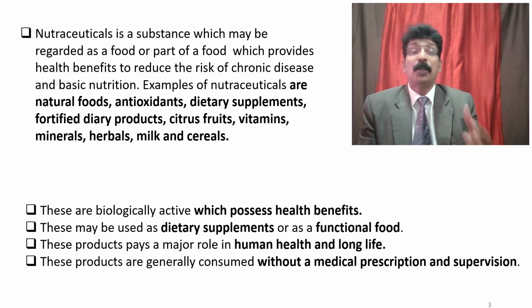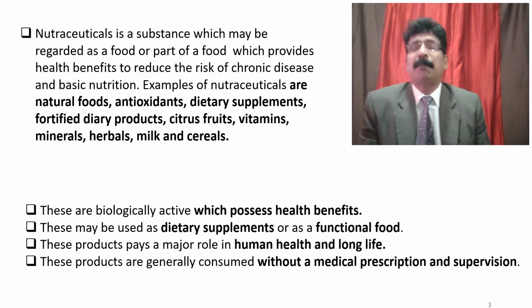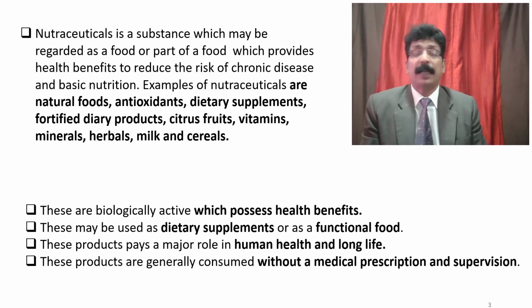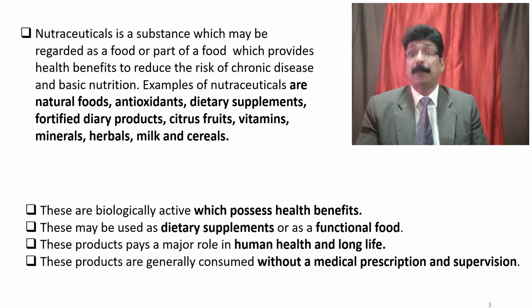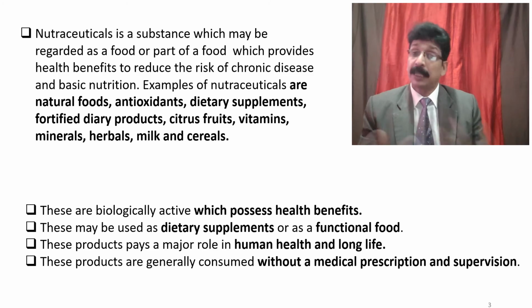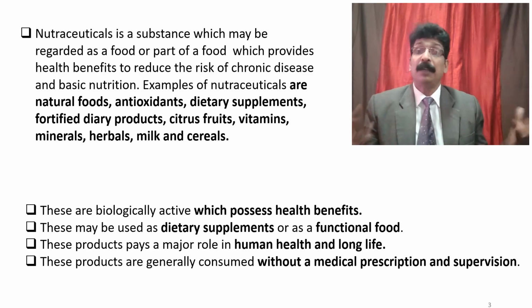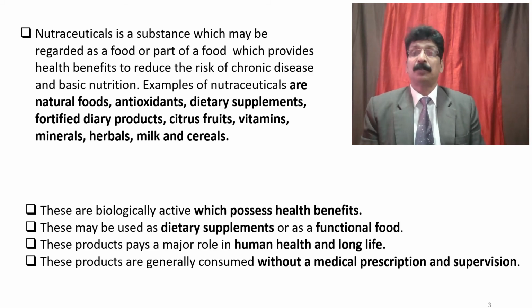So antioxidant supply by nutraceuticals has a great role in cancer patients. We can prevent cancer, we can even treat cancer, and we are saving people by means of nutraceuticals in various critical ailments.